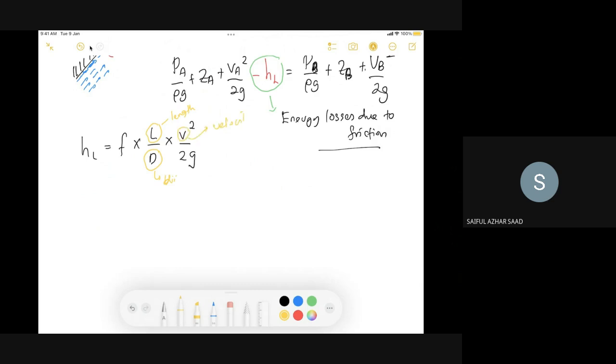The only term that is quite new to us is the f over here. This f is known as the friction factor. There are two ways of finding the friction factor. Number one, by using the formula. And number two, by using a Moody diagram.